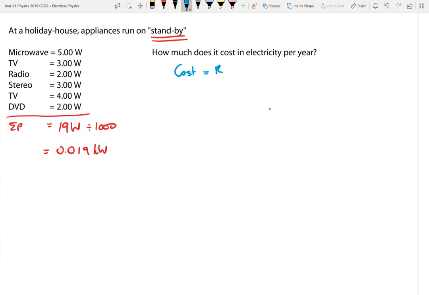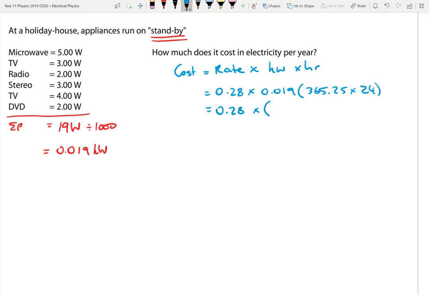And we'll do the same thing. Cost is rate times kilowatts times hours. 365.25 times 24, and we will get 0.28 times. Now this one's obviously not so many kilowatt hours, a little bit less.